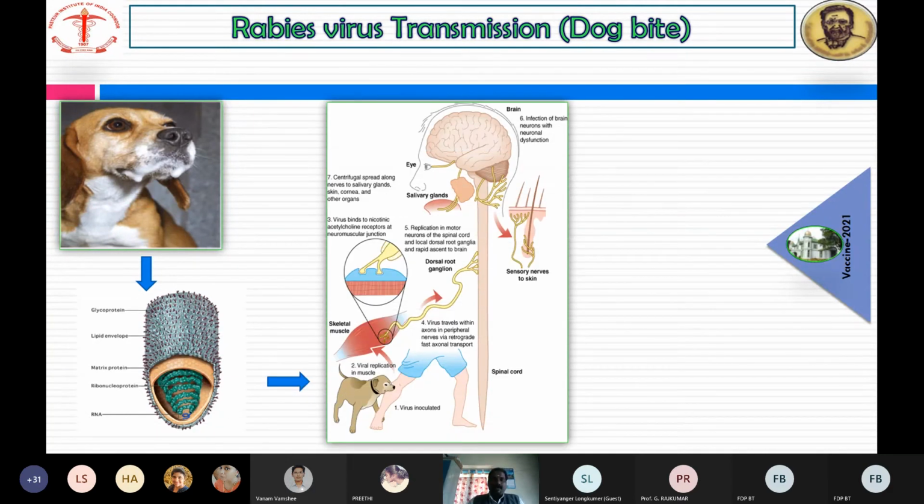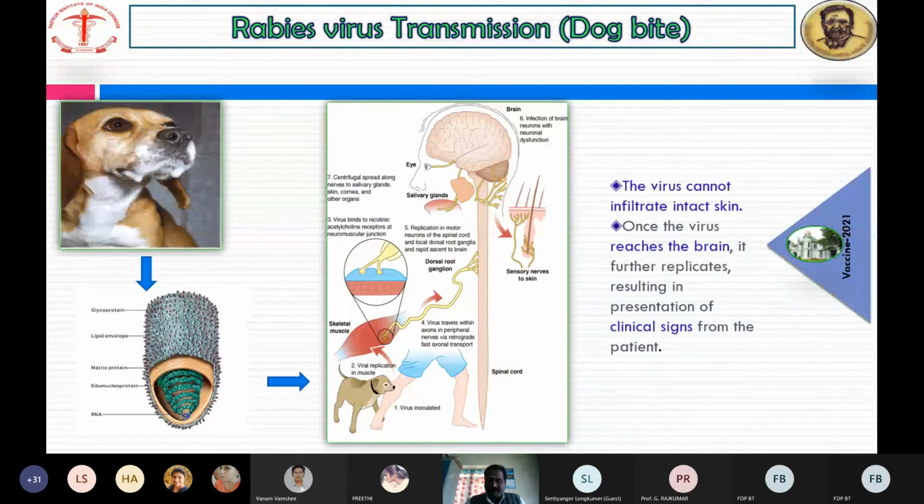Here the dog bites the calf muscle, so the virus travels through the skeletal muscle to the spinal cord, and from the spinal cord reaches the brain. Once it reaches the brain, it affects the entire area, including the salivary glands. Once the virus reaches the brain, it further replicates, resulting in presentation of clinical signs in the patient.